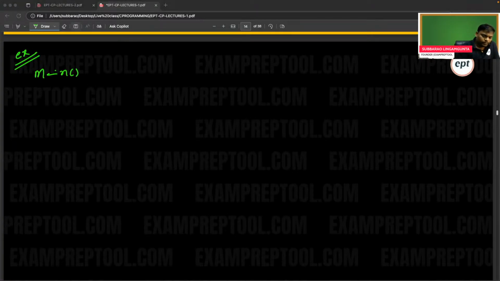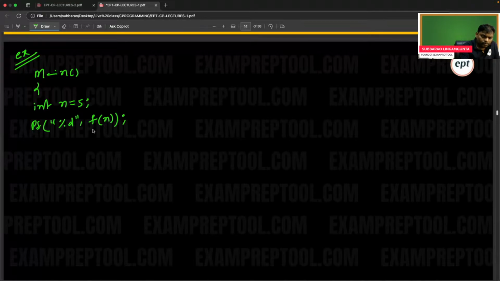main, int n equal to 5; printf("%d", f(n)); end of main.